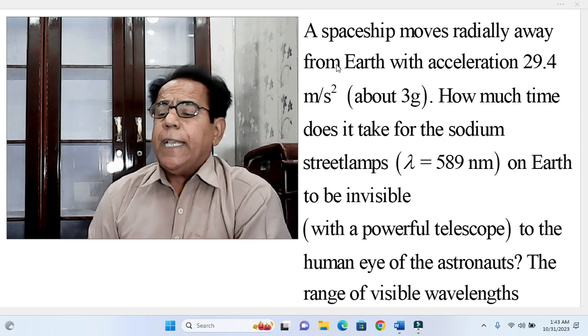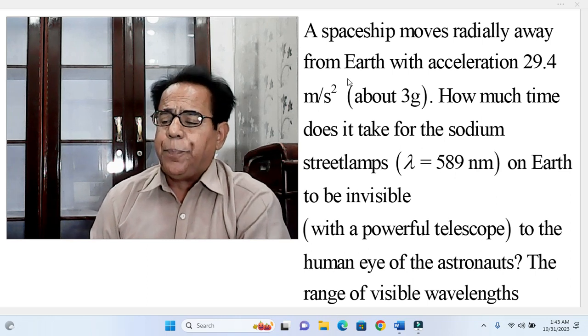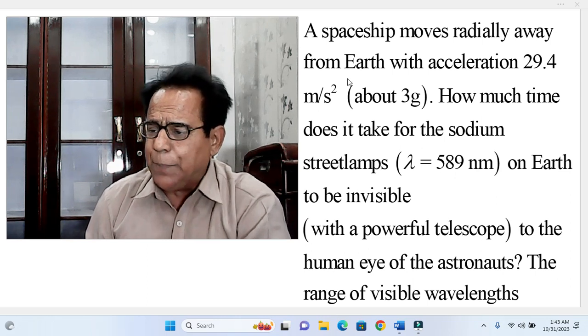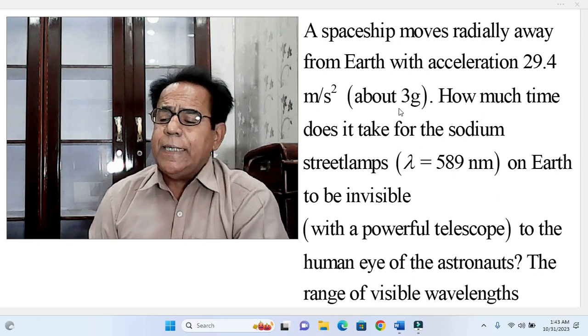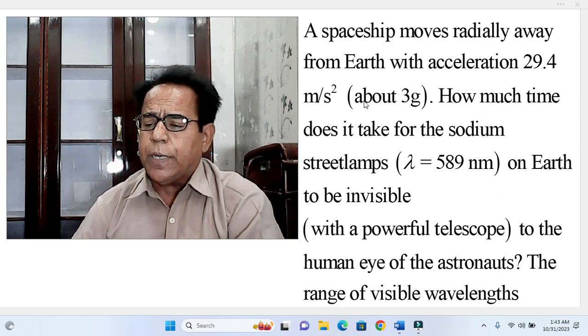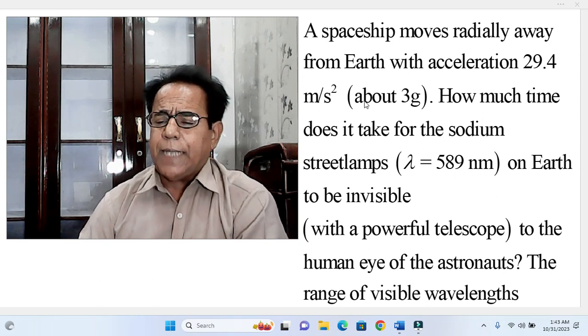Okay, a spaceship moves radially away from Earth with acceleration 29.4 meter per second square, that is to say about 3g. Here g does not stand for gram, g stands for acceleration due to gravity, which is 9.8 meter per second square.